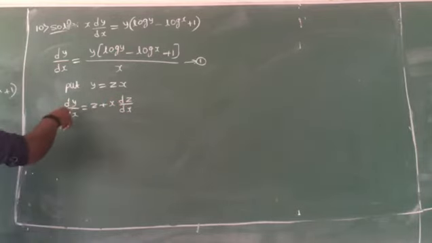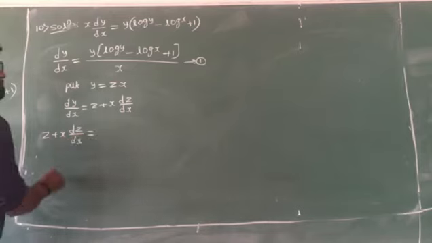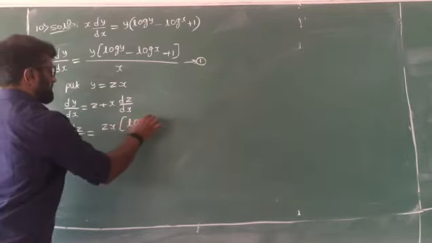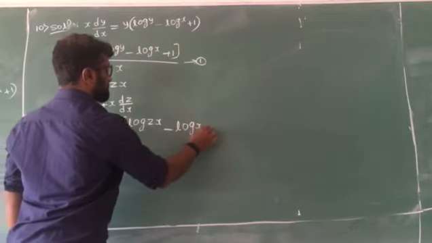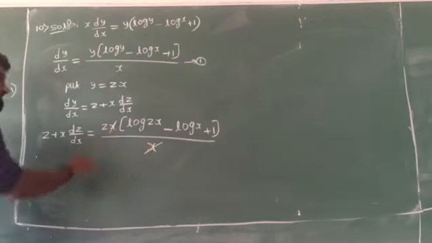Putting the y and dy by dx values in equation 1, we get z plus x into dz by dx equal to zx into log of zx minus log of x plus 1, whole divided by x. Now x gets cancelled.